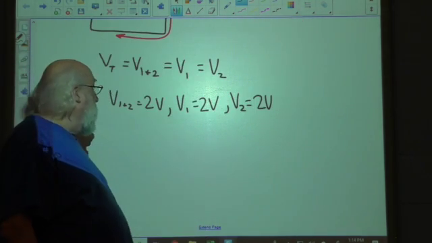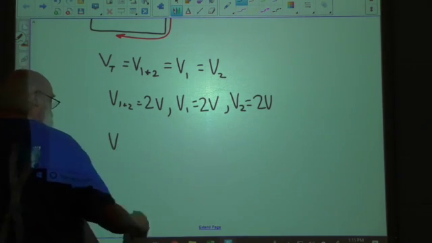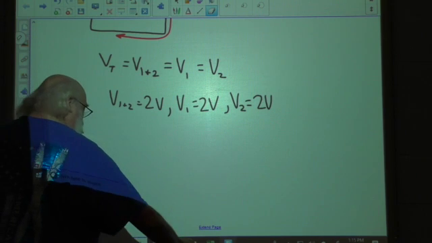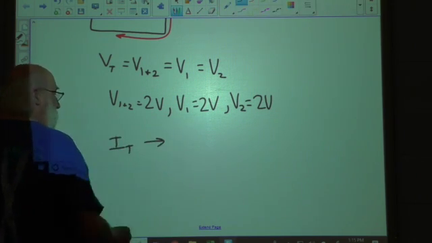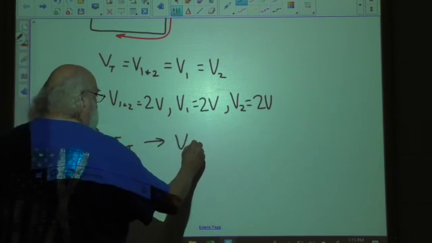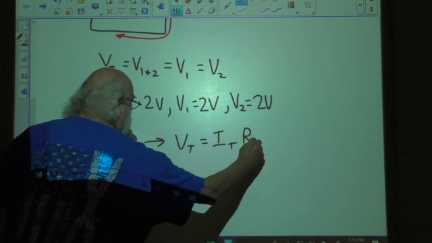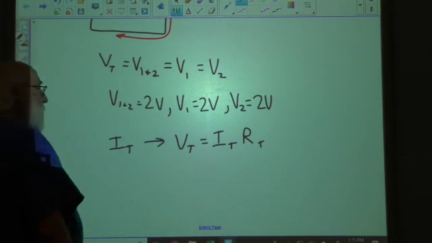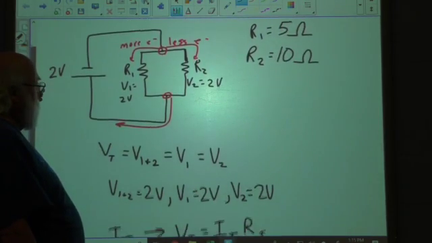Now, because of that, we could calculate the current. So let's do I total, which we can calculate from V total equals I total times R total. So we've got to come up with R total here. How are we going to do that?